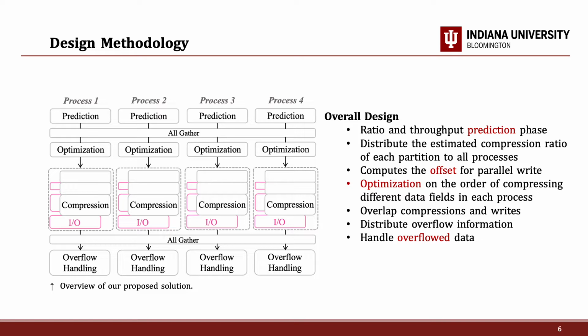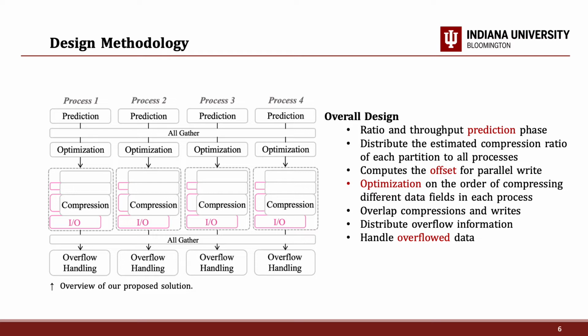Then an all-gather operation exchanges this information across different processors. After each processor gets this information, it can compute the offset for the parallel write, and then optimize by reordering the compression sequence of different data fields, so that we can overlap the compression and I/O for each processor.